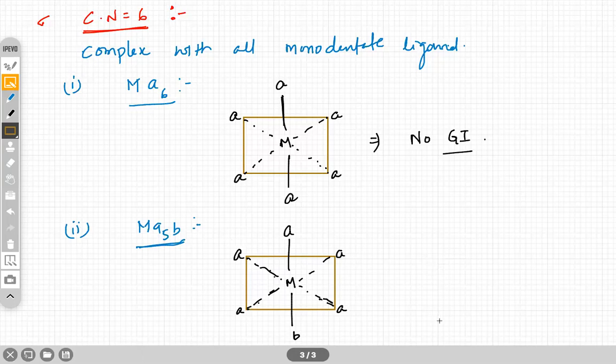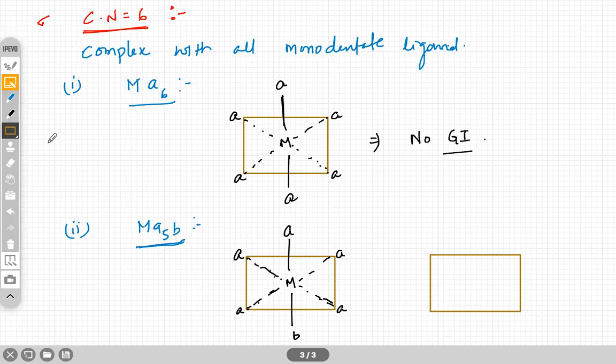Can we draw one more molecule here? M here, A, I'll place B here, A here.